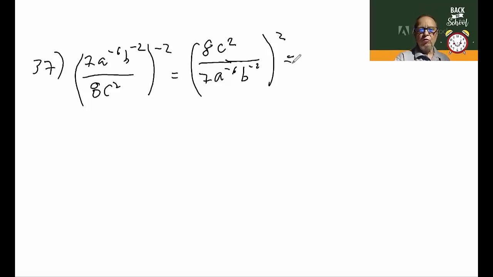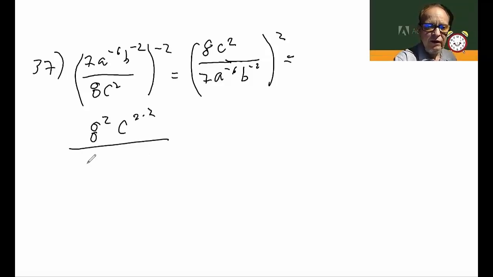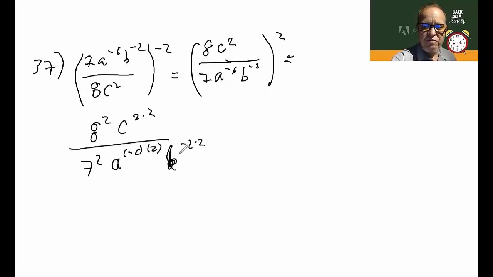Then I again will use my power rule, and I will go 8 squared c 2 times 2 divided by 7 squared, a to the negative 6 times 2, b to the negative 2 times 2, and then I will get 8 squared c to the 4th over 7 squared.